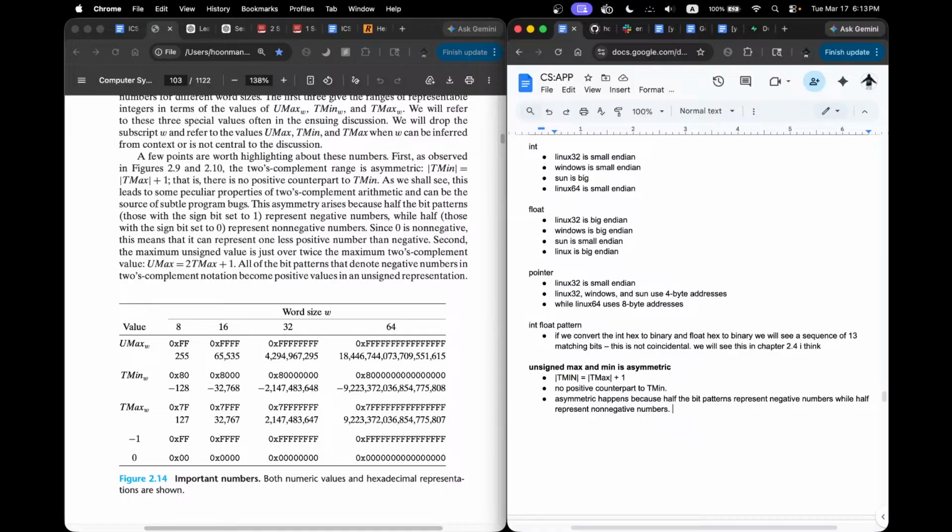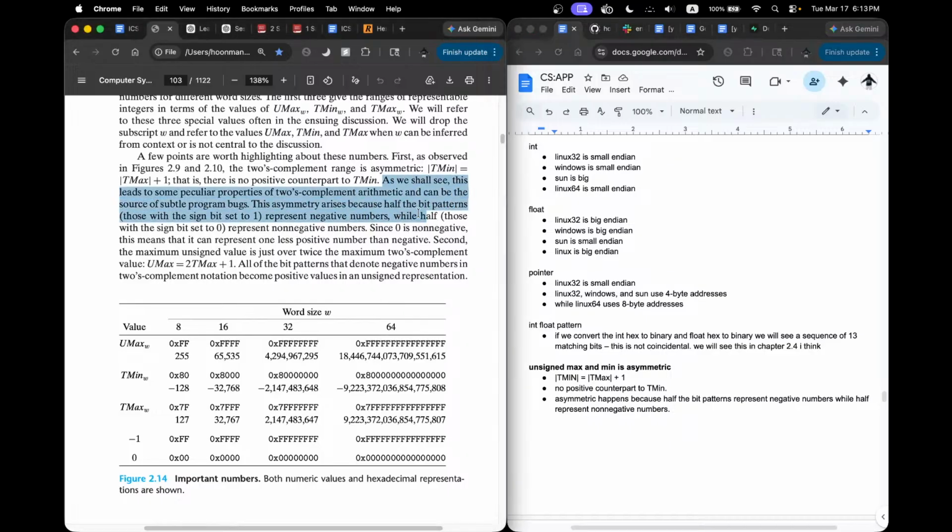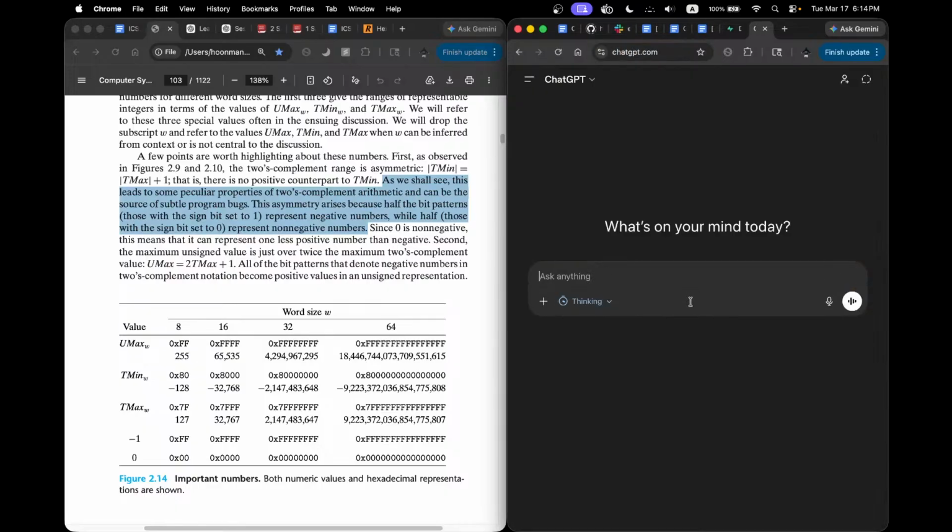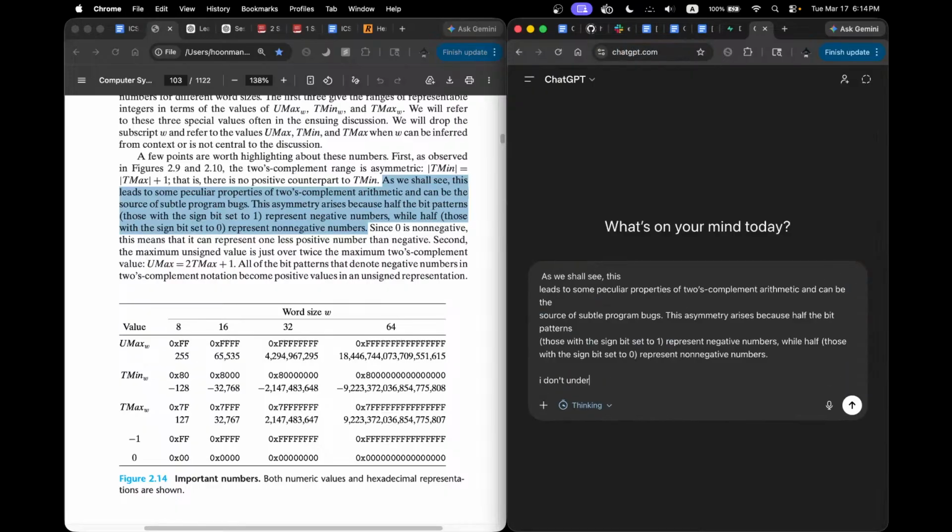So it says, I don't really understand this part. Asymmetry arises because half the bit patterns represent negative numbers, while half represent non-negative numbers. What the heck? I don't understand the above. Can you explain?